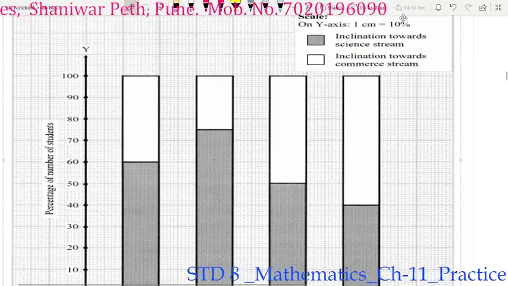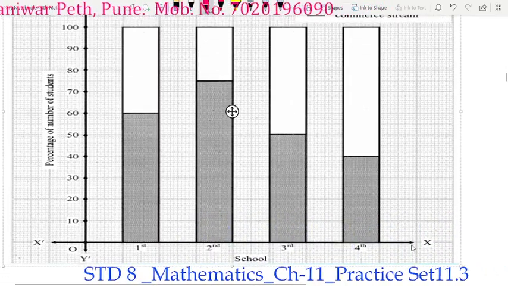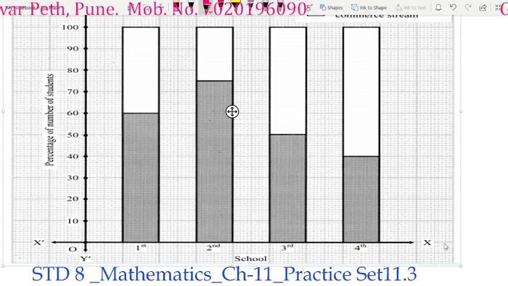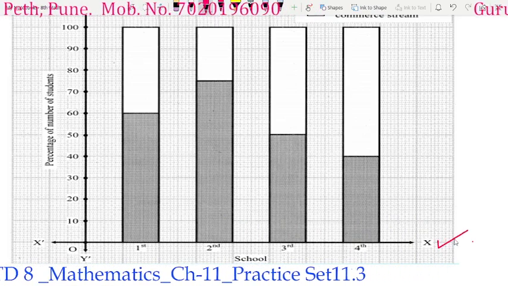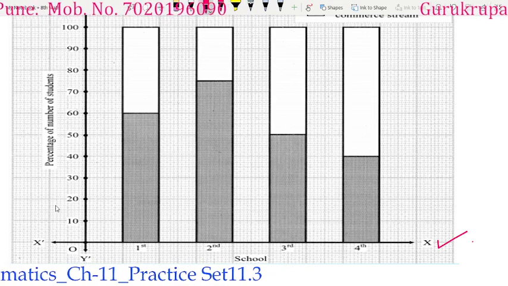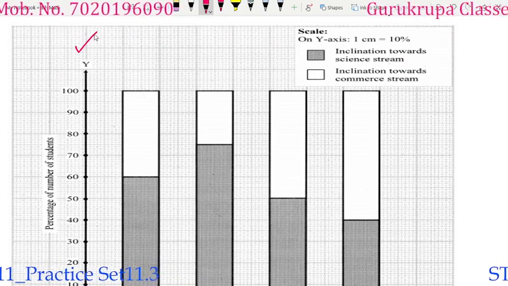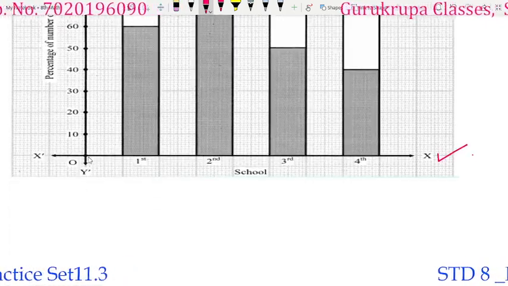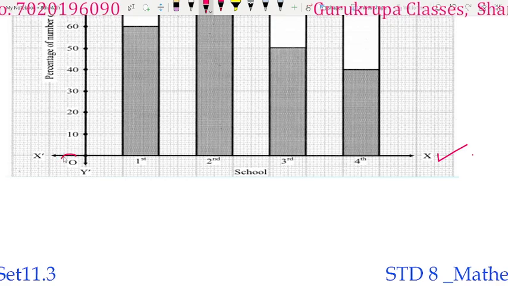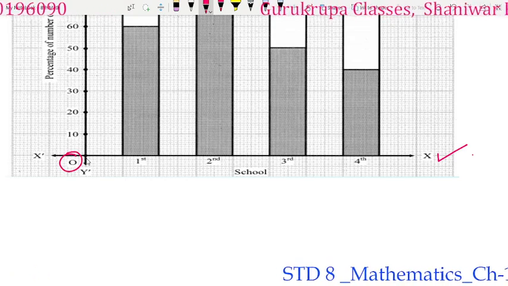As we know, we draw the x-axis on the graph paper horizontally, leaving 2 centimeters. You can draw the y-axis vertically, and the intersection point is point O, O for origin.